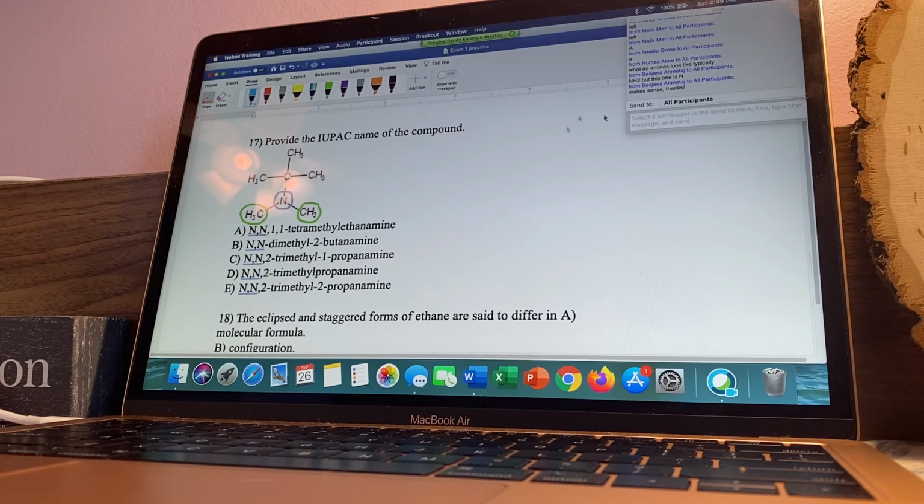So as I start explaining this one, try to see if your answer changes. So if I have something like this, of course this is just going to be 2-butanamine, right? Let me open up a new doc on this. Actually, no. Let me make it so that you can still see the question.